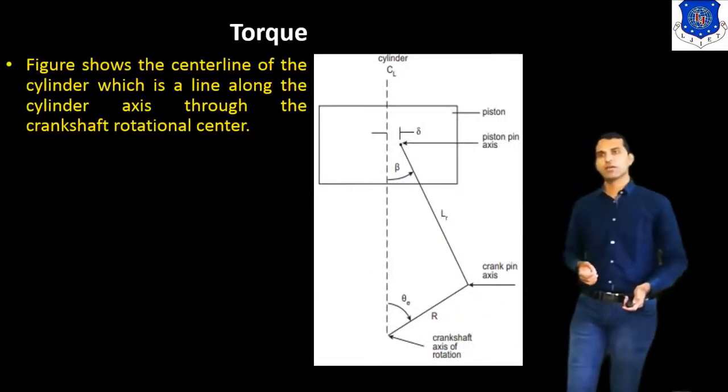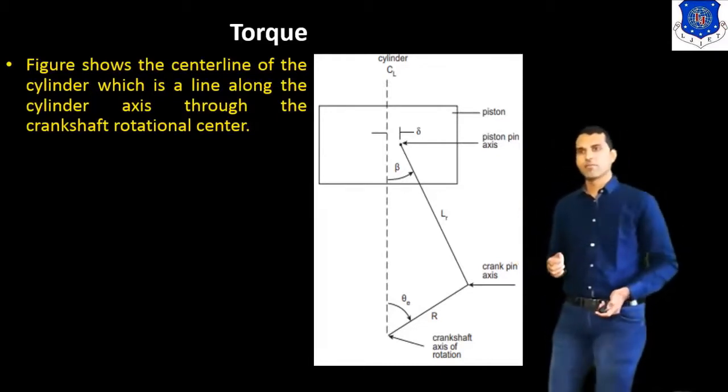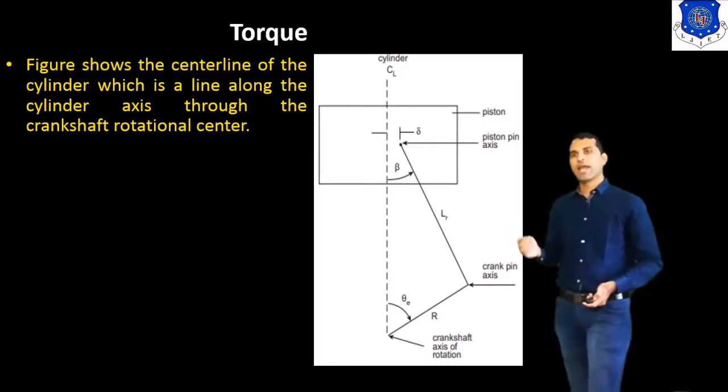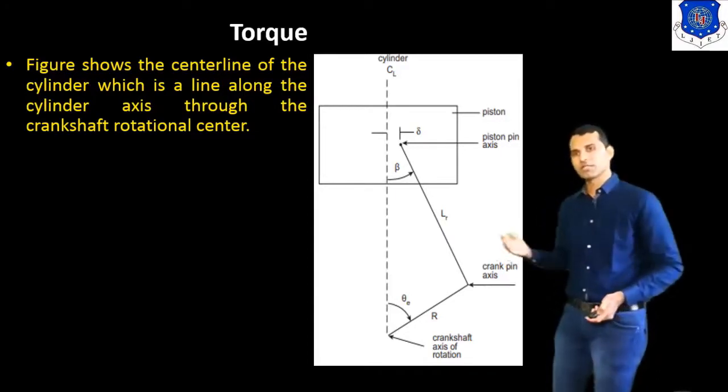Now we consider this figure. The figure shows the center line of the cylinder, which lies along the cylinder axis through the crankshaft rotational center.